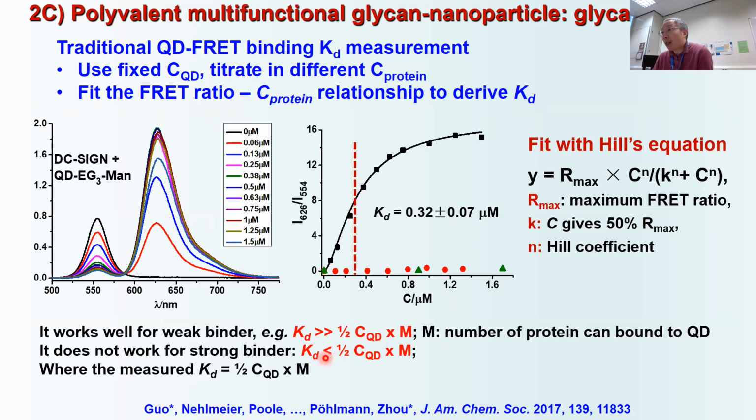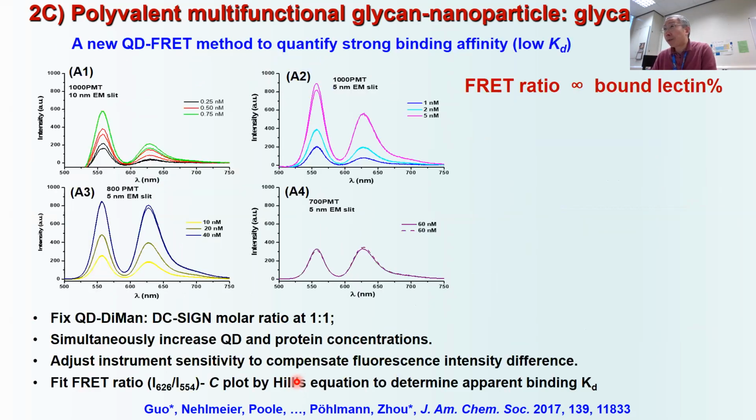If you have stronger binding, it's not going to work, because the measured KD is going to equal half of your quantum dot saturation binding capacity. To overcome this problem, we used a different method. We use one-to-one ratios of the proteins and simultaneously increase their concentration, then adjust the instrument sensitivity to compensate the fluorescent intensities.